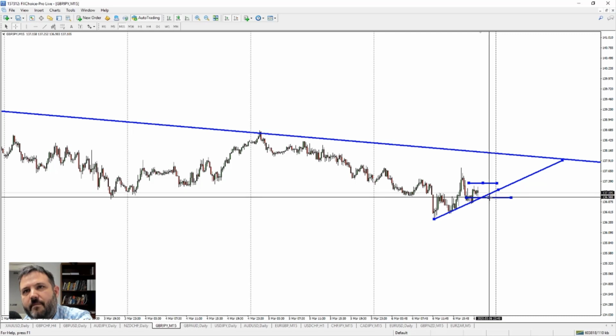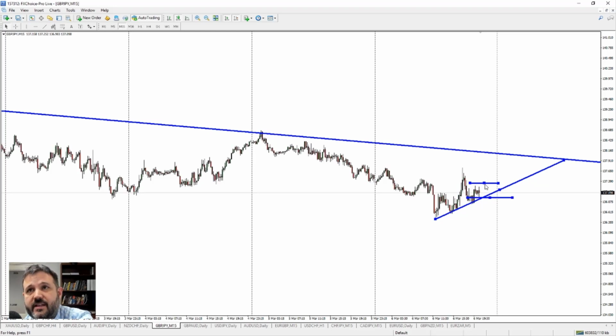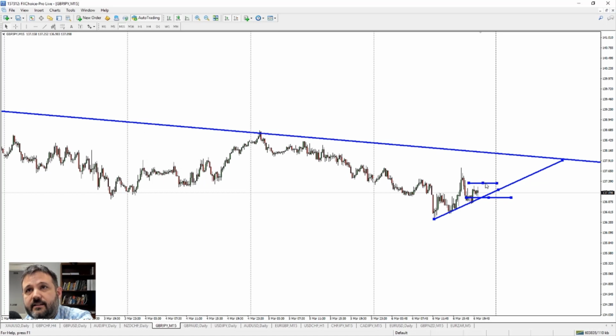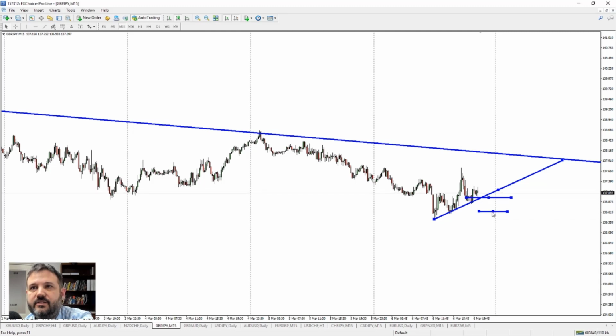If the price dropped down here 70 pips to 136.22, then I would move the stop in and lock in 1-to-1, which would be about 35 pips. Let me just move it a little bit more. It's stuck. Okay, so I would lock in 35 pips.